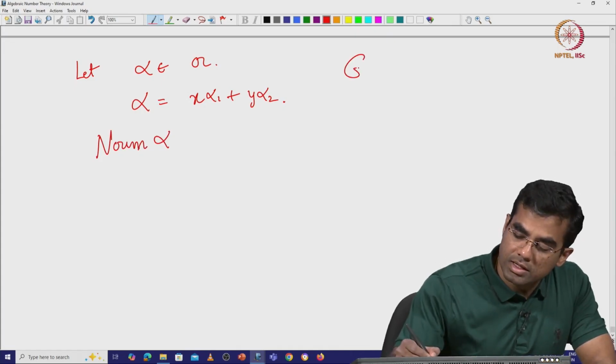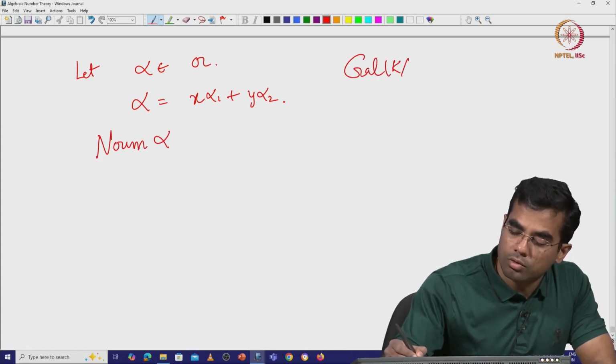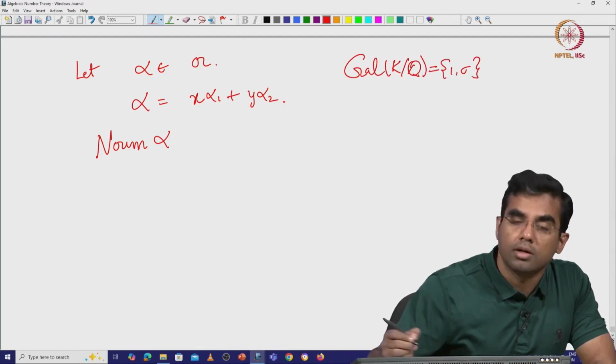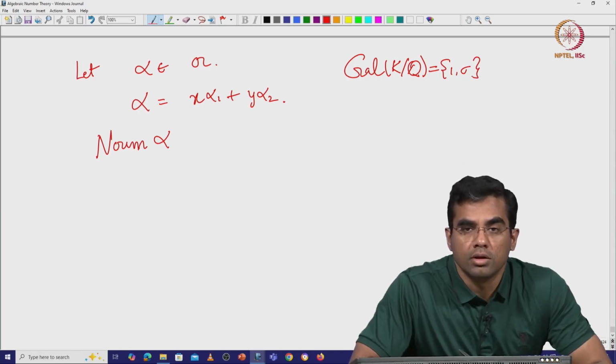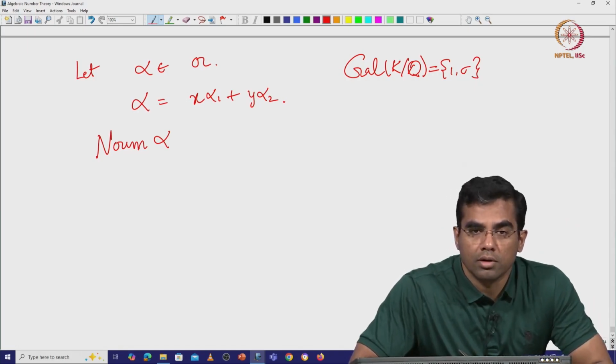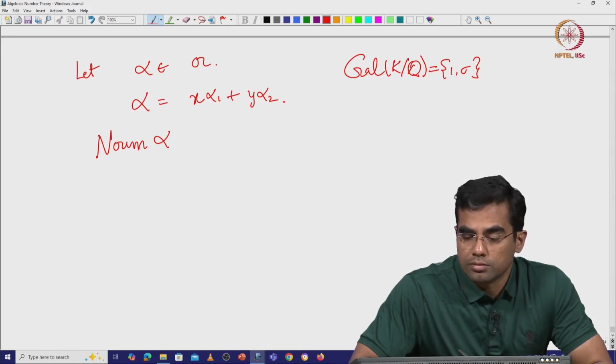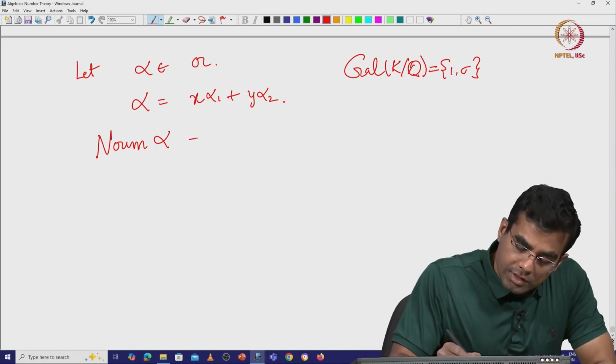So, let us say that the Galois group of K over Q is 1 and sigma. It is a quadratic extension, and so it is Galois with Galois group isomorphic to Z mod 2Z, a cyclic group of order 2. And so, I can take sigma to be its non-trivial generator.